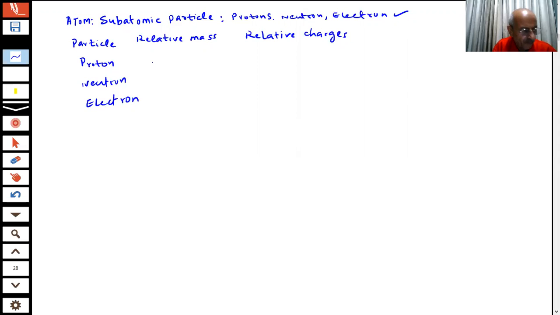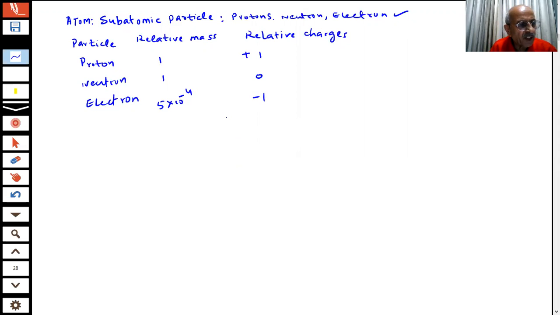Relative masses: this is 1 unit, this is 1 unit, and electron is 5 times 10 to the minus 4, about 1 by 2000 times these protons and neutrons. And relative charges: this is +1, neutron is 0, and this is -1. These are the relative charges. So proton charge and electron charge are equal and opposite.